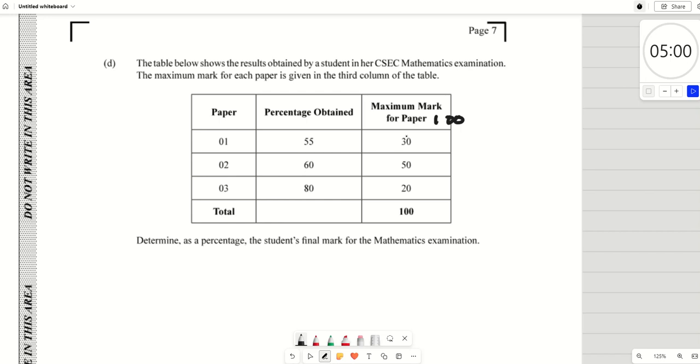Right? So if they said determine as a percentage of final mark for the mathematics examination, right? There are two ways that you could have done this question, right? Let me just check this.